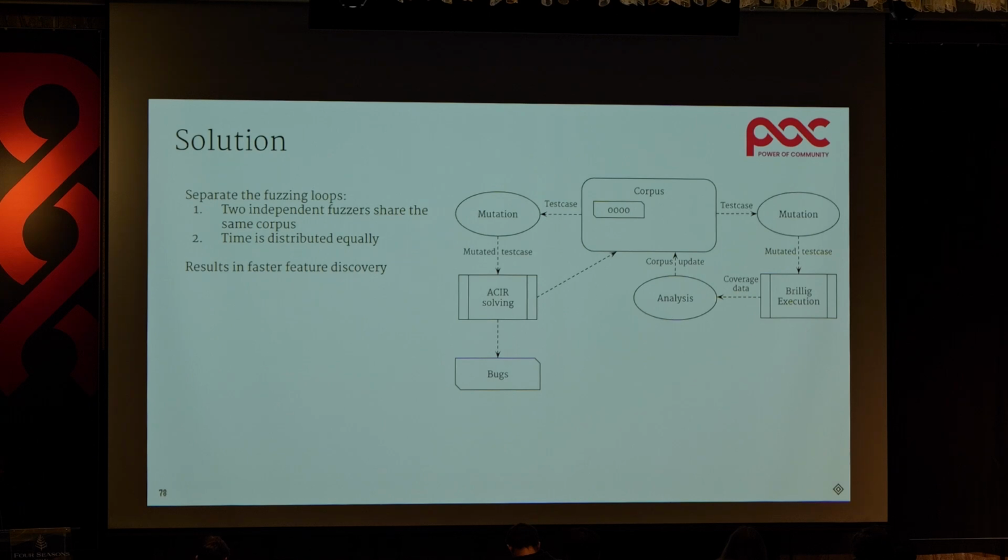We won't be able to explore as many features as possible. So we basically split the time in half between the Acer execution and the Brillig execution in the VM. Because of this, Brillig is getting executed like 10 times more often than Acer, but we explore more of the target program. So we are able to figure out more interesting stuff about the final program.